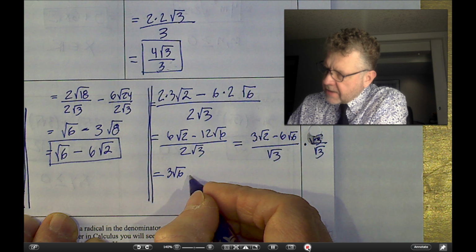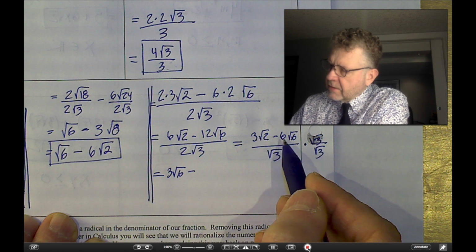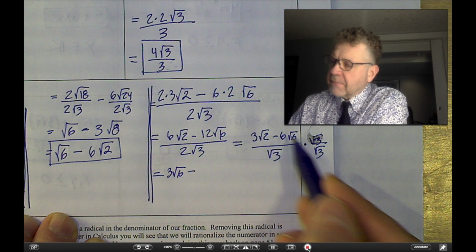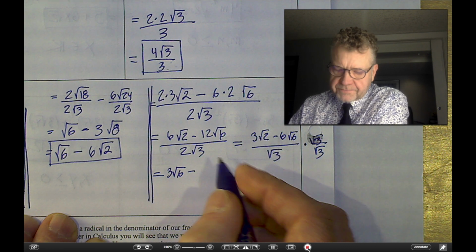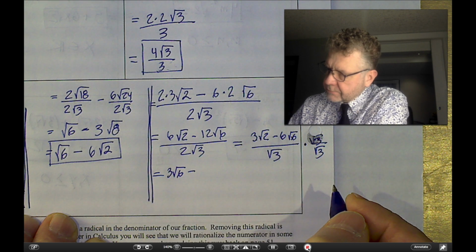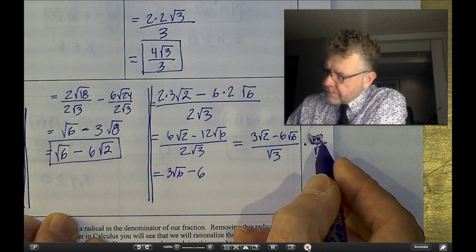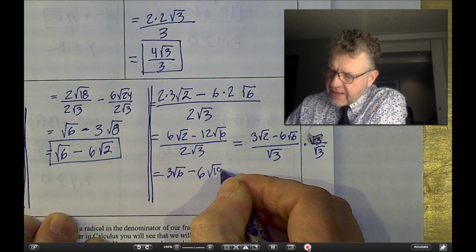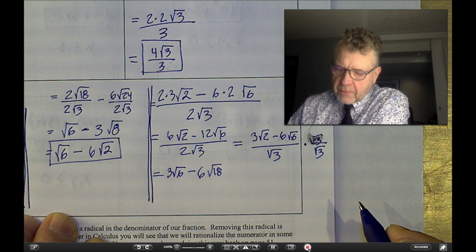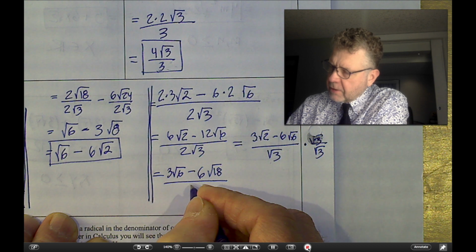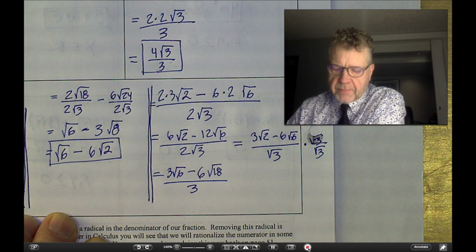And then minus, and then root 3 times... minus 6 root 6 gives me 6 root 18. See how that works? And then the root 3 times root 3 gives us our 3, gets rid of that radical in the denominator.